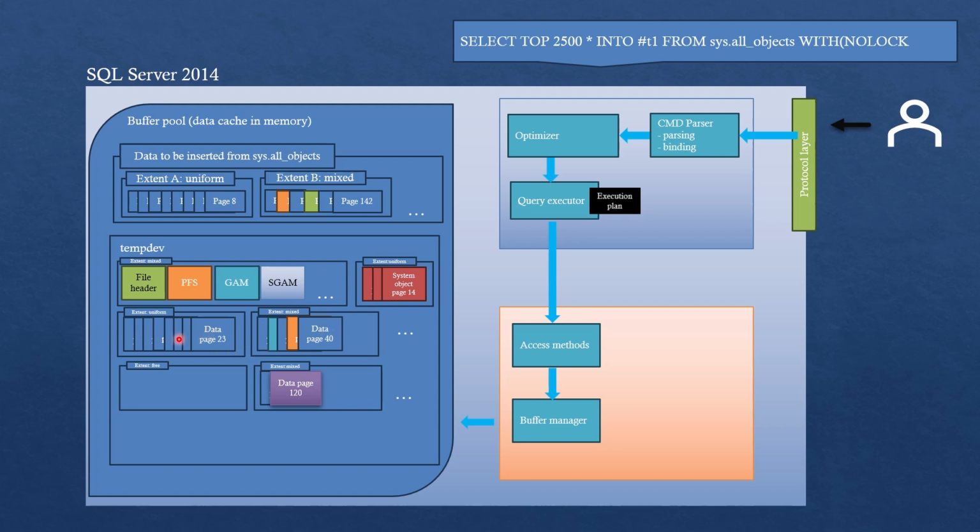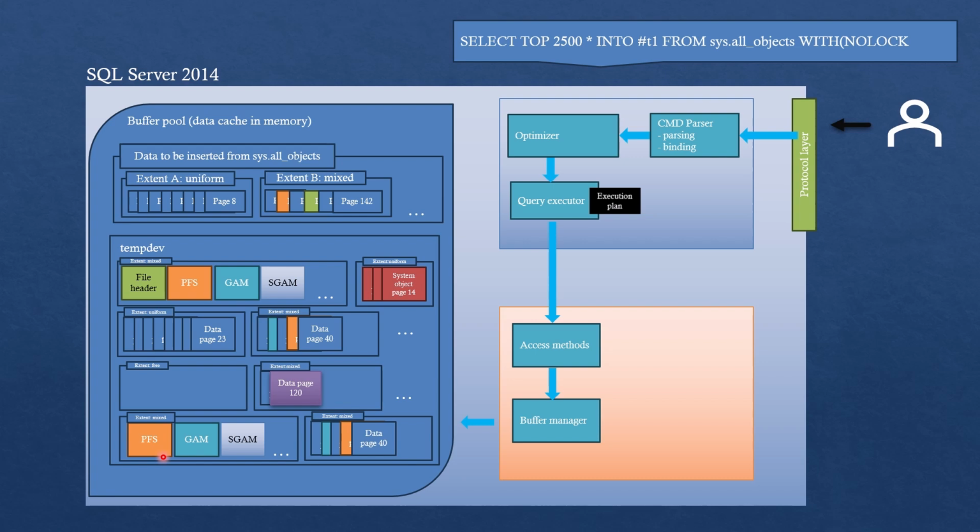There can be more than one PFS, GAM, and SGAM page depending on the file size you have. If you have a big file, we need more PFS, GAM, and SGAM pages to control all this big data. It means the bigger the file, the more system pages you have.